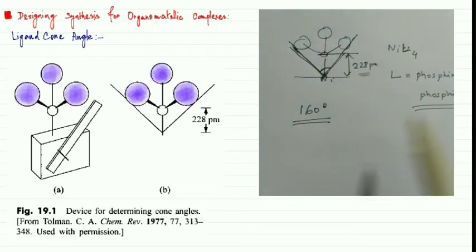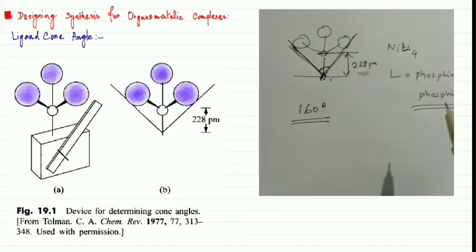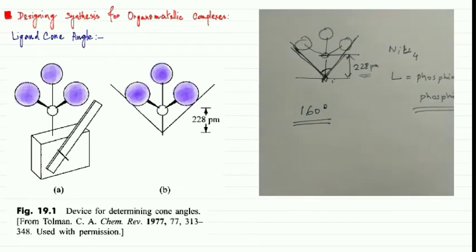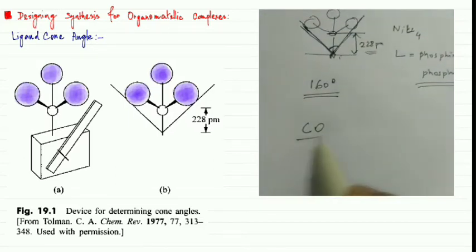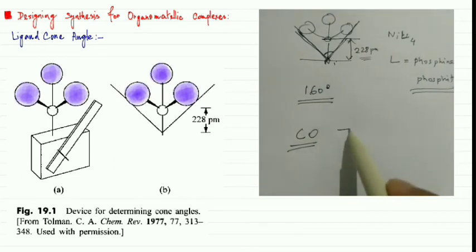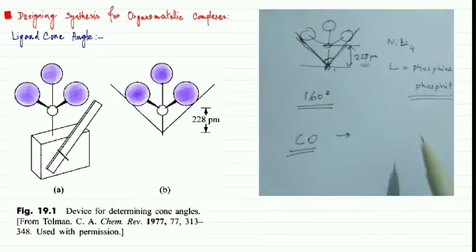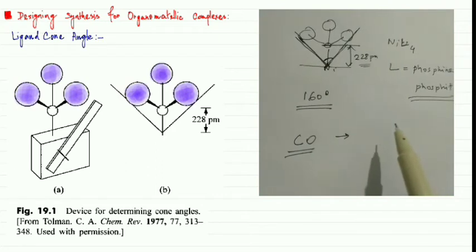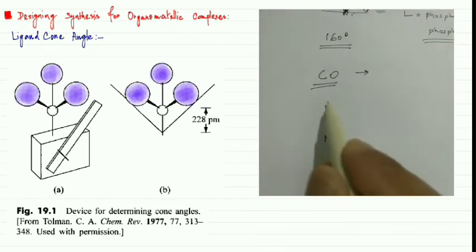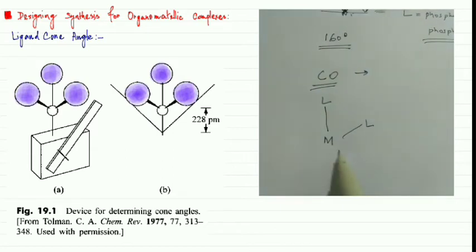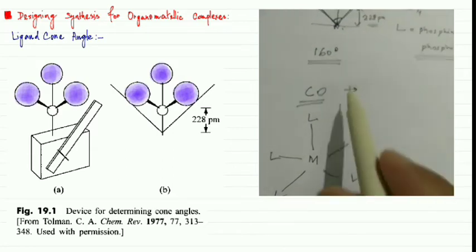If the cone angle is less than 160 degrees, then we can replace some carbonyl ligand by that ligand. Let's suppose this is your metal and these are ligands.